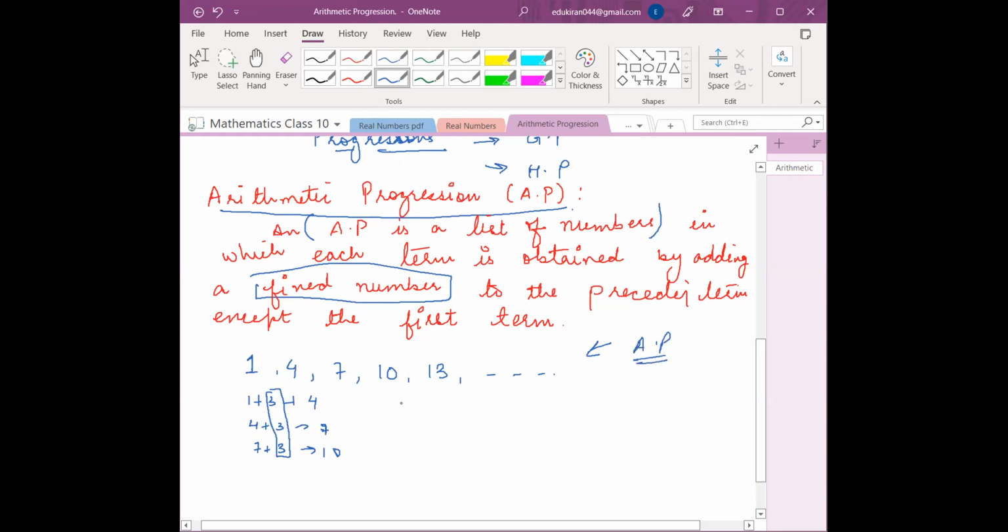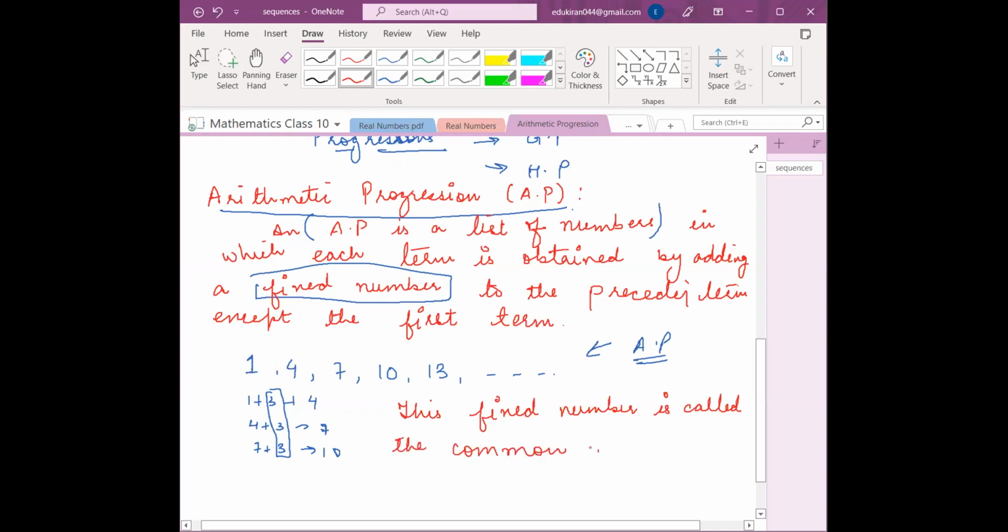Okay. Now this fixed number, also write it down, is called the common difference. So this is a special name for it, common difference.